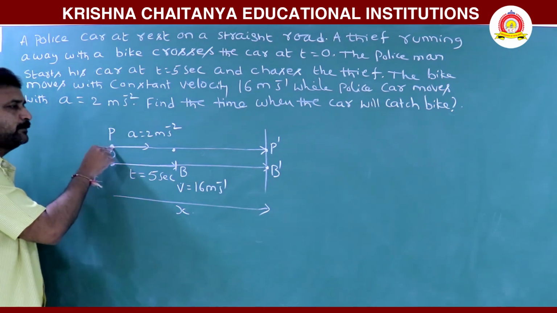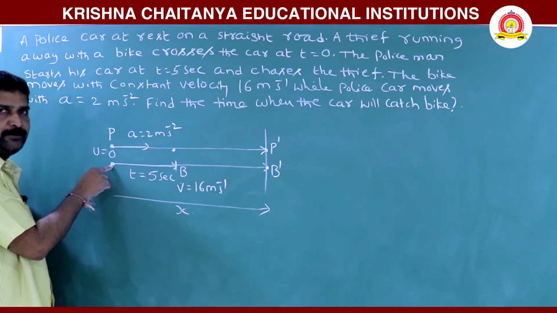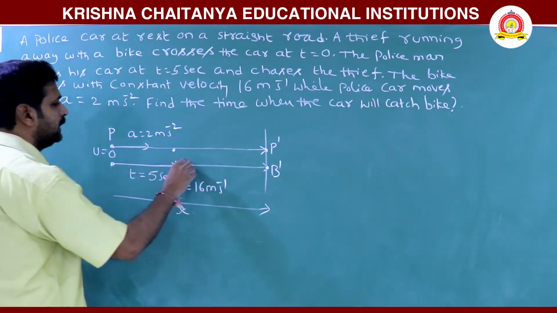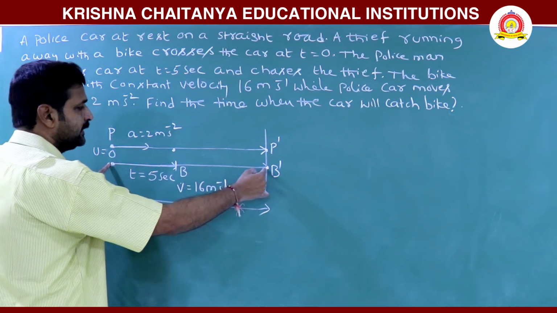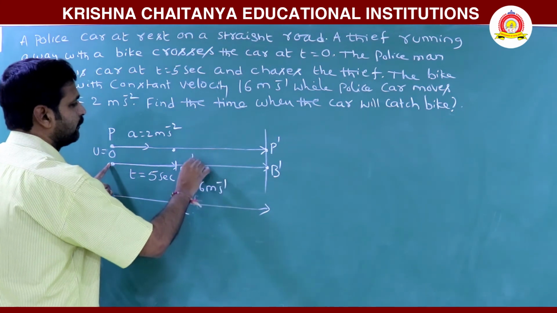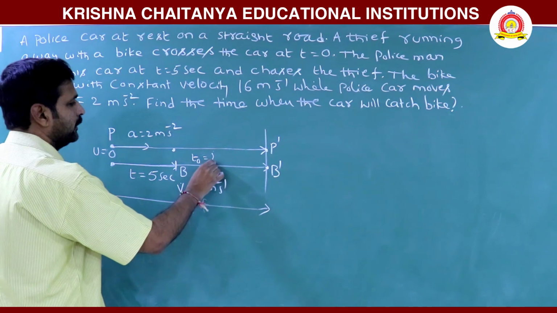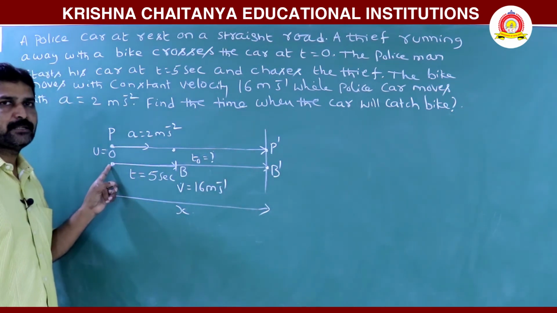Since the policeman started here, the bike crossed the policeman here. So after some time t0, let the time taken for the bike to travel this distance be t0.